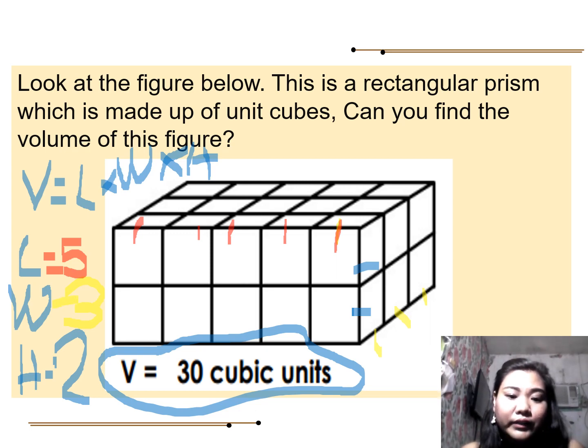Therefore, the volume will be 30 cubic units by multiplying the length, the width, and the height. 5 times 3 is equal to 15, times 2 is 30. So, therefore, the volume of this figure is 30 cubic units. Okay.